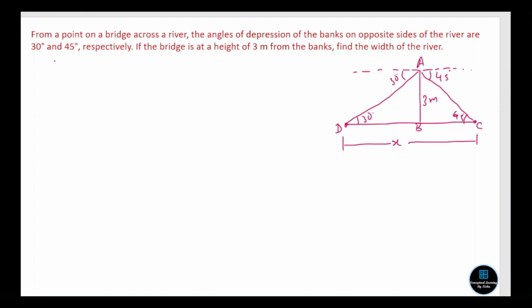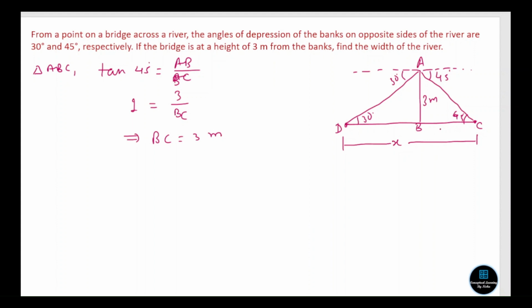Alright, now which triangle? Triangle ABC, tan 45 degree equals AB upon BC. Tan 45 is 1. That is nothing but 3 upon BC. So what do we get? BC is equal to 3 meter.